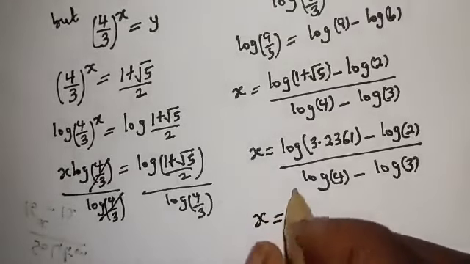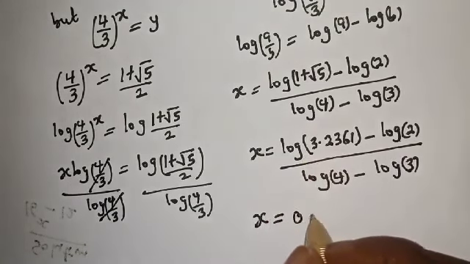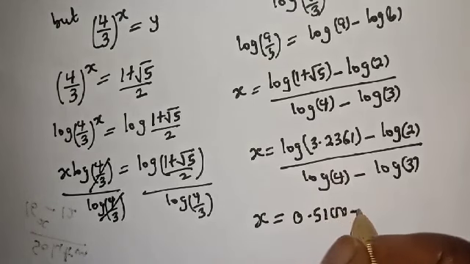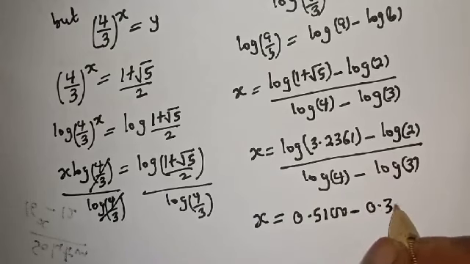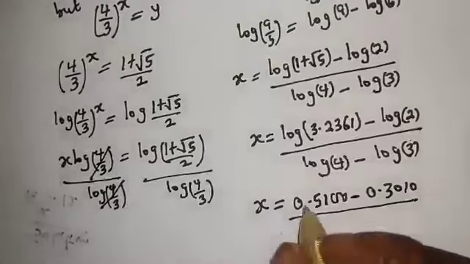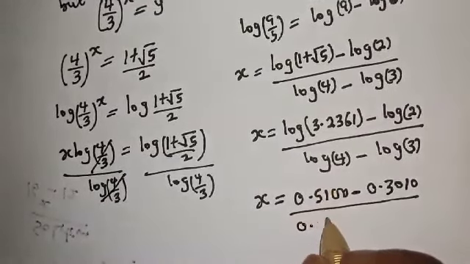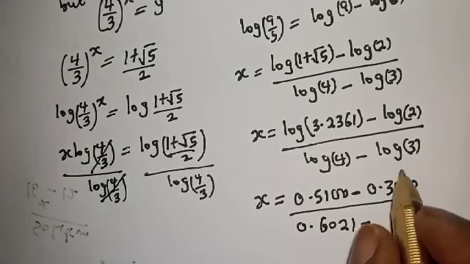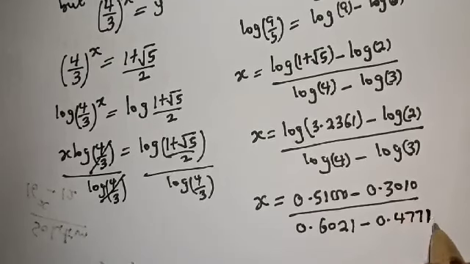x is equal to log 3.2361, that is 0.5100, minus log 2 is 0.3010, over log 4 is 0.6021, minus log 3 is 0.4771.